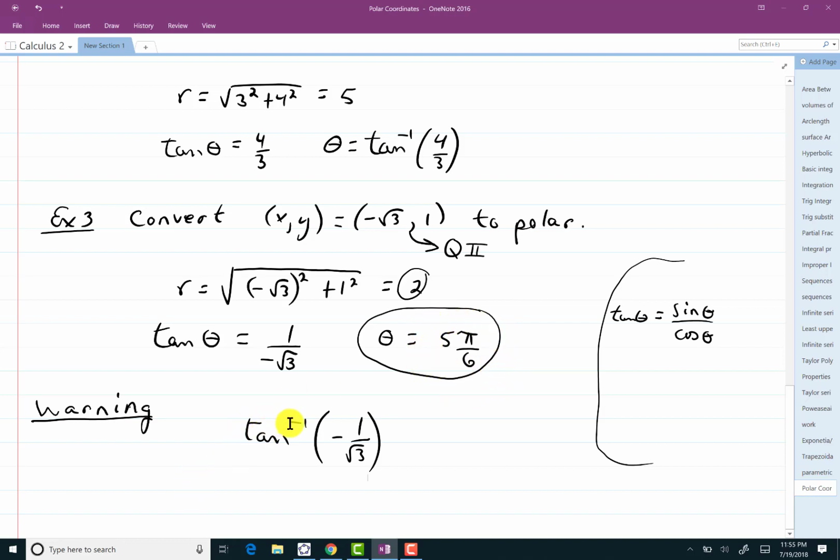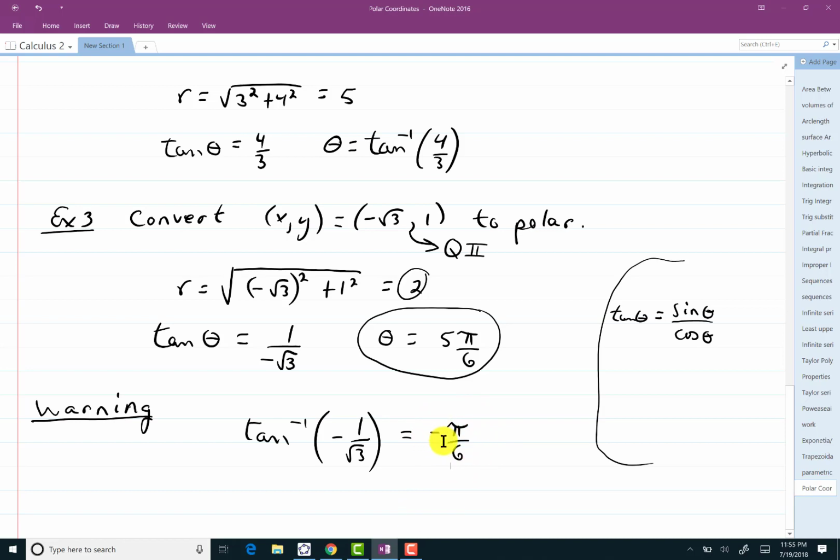So if you took your calculator and tried to do arctangent of negative 1 over radical 3, even if you had it set to give you the exact answer and not some decimal version of it, it would give you negative pi over 6. If you were to convert that to 0 to 2 pi, you'd say that's 11 pi over 6.